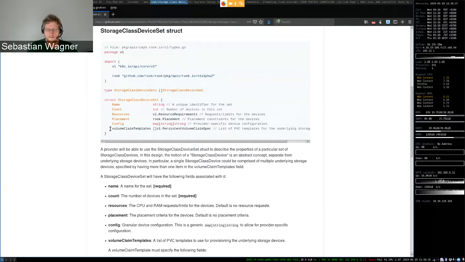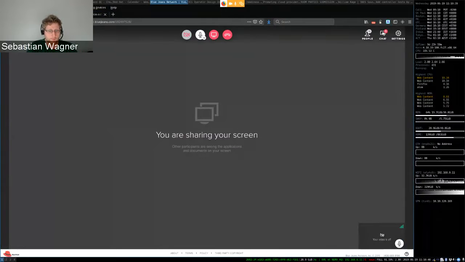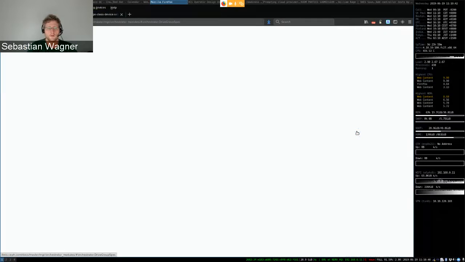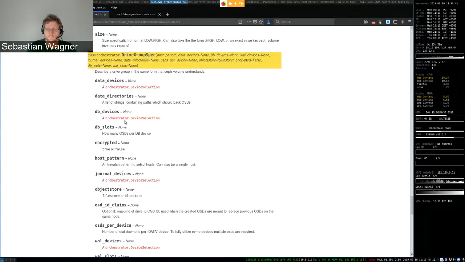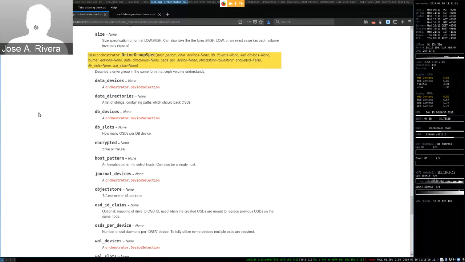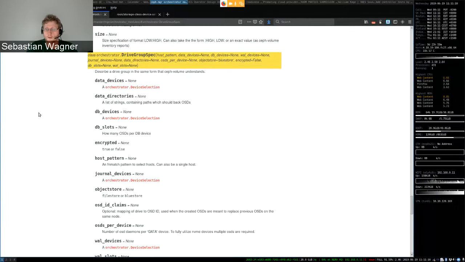It contains all the features that are supported by Ceph Volume, like having different drives used for different parts of the OSD. So the OSD supports data devices, it supports write-ahead log devices, or different sets of write-ahead log devices. And all the different features supported by Ceph Volume are covered in this drive group spec.